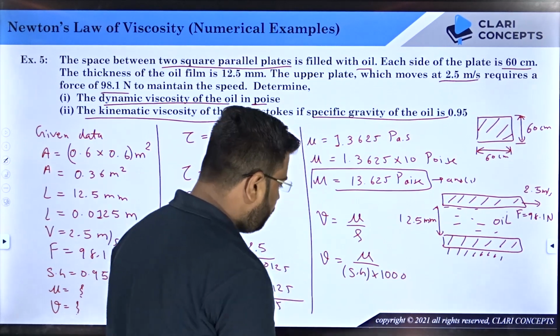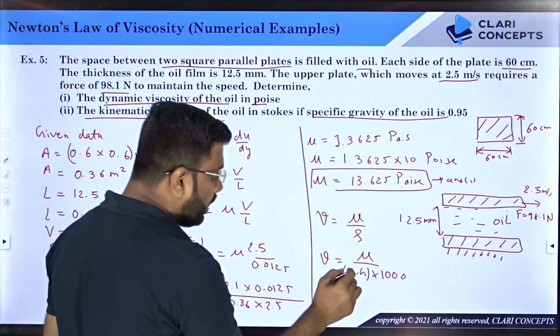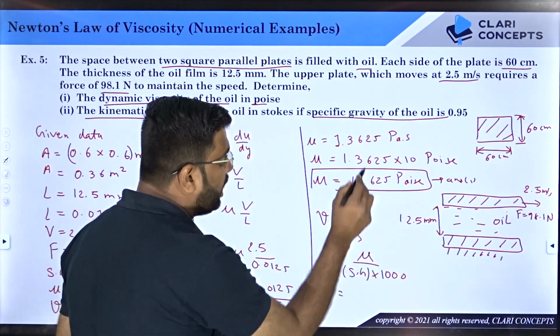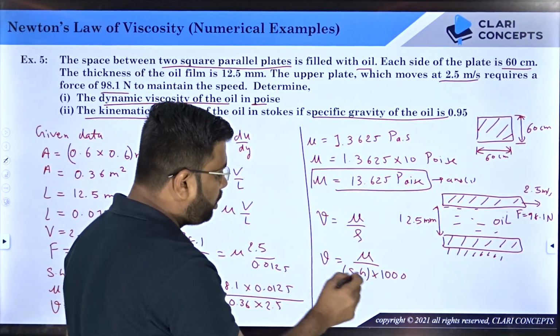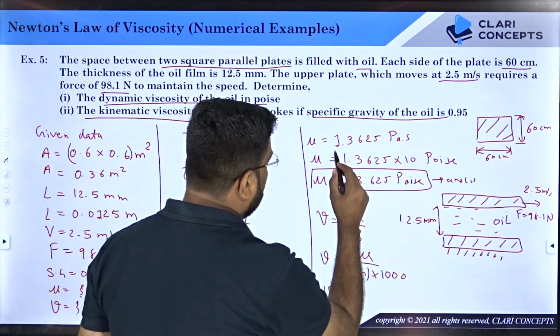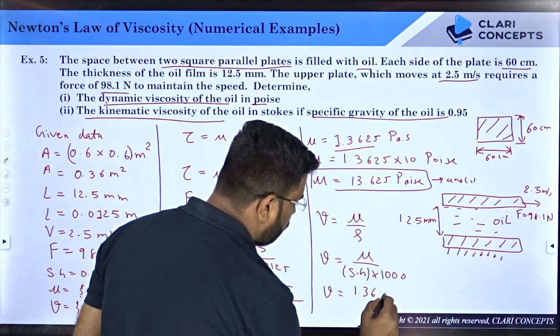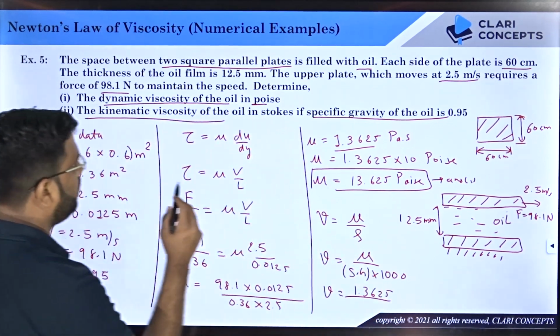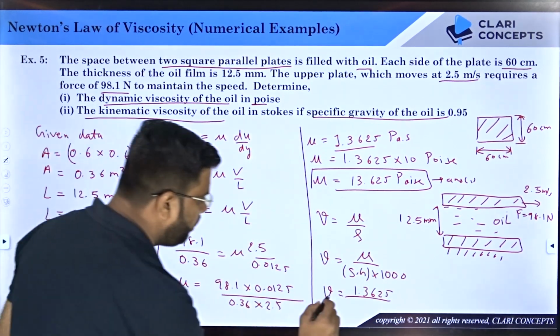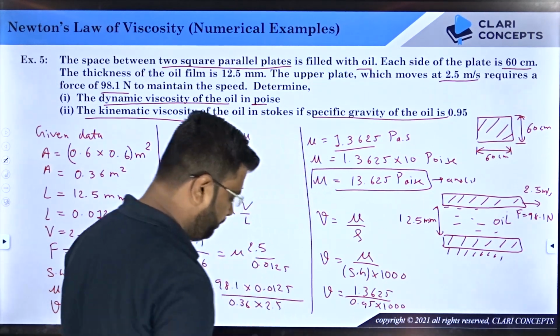kg per meter cube. So, you will get kinematic viscosity as mu divided by density. Now, again, here you need to put the value in SI unit to get this in SI unit, because you have substituted all the values in SI unit, right? So, put the value of mu as 1.3625. Sg given to you, specific gravity, is 0.95 and this is 1000.